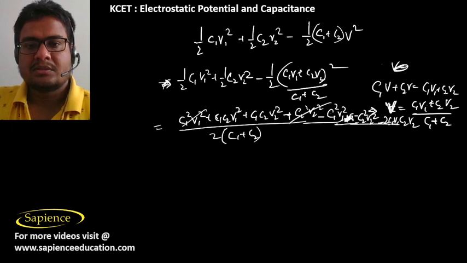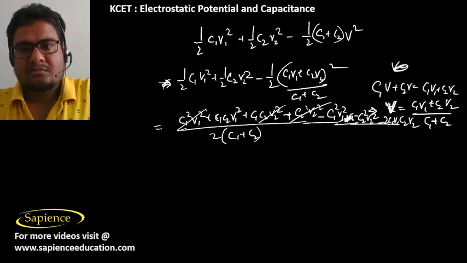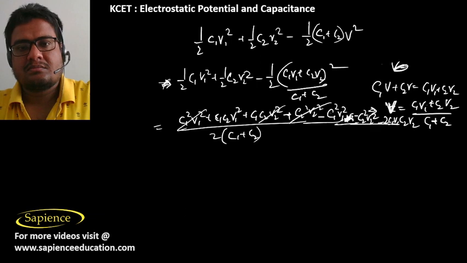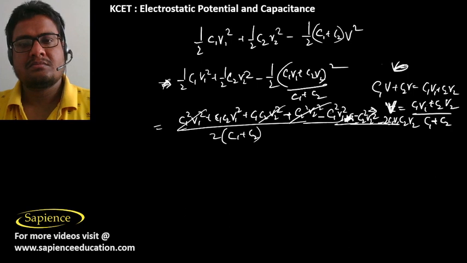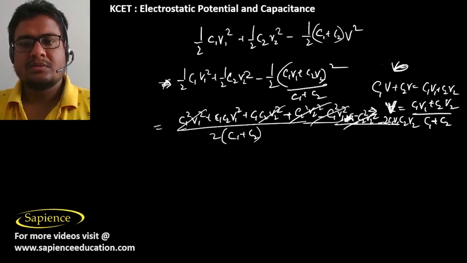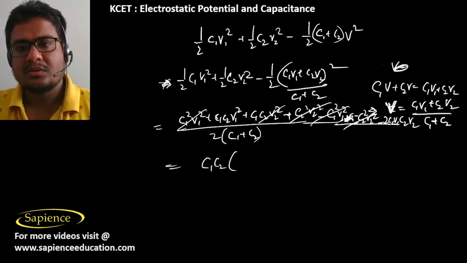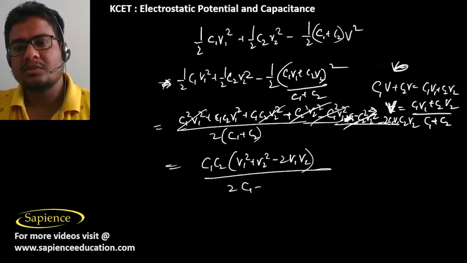So these will cancel, C2 square V2 square will cancel, C1 square V1 square will cancel, but these will remain. So this will be C1 C2 into V1 square plus V2 square minus 2 V1 V2 divided by 2 C1 plus C2.